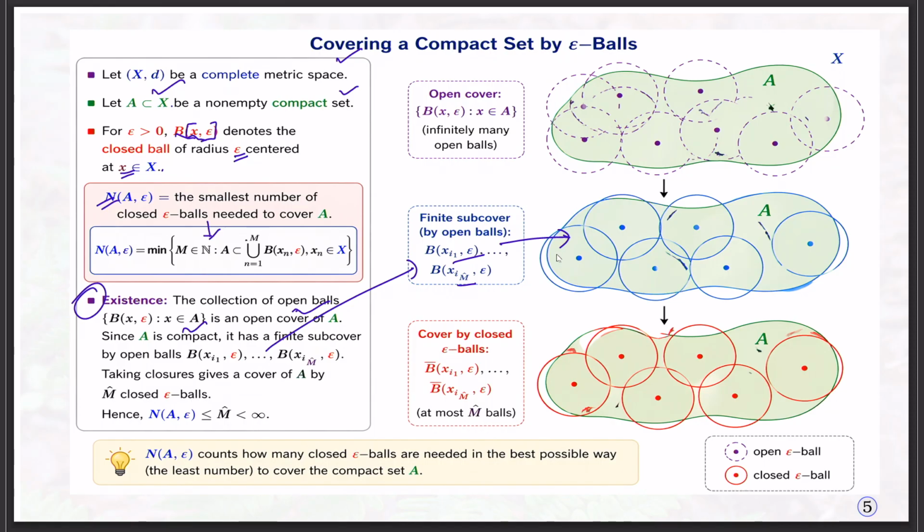Now, instead of the open balls, take their limit points, that means the closure of these open balls; it becomes the closed balls, which again cover the set A. Here the purple line denotes the open balls and the red line denotes the closed balls. Like that, we can find the number of closed balls of radius epsilon needed to cover the set A.